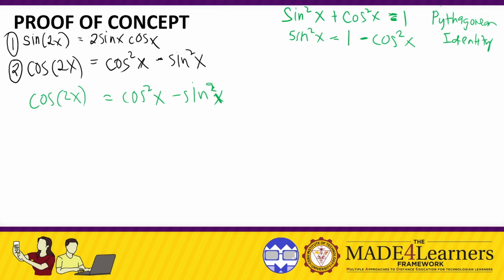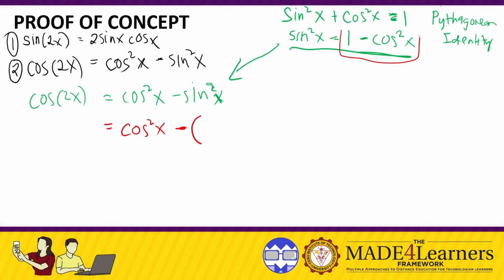Substituting this value for sine squared x in our equation for cos 2x, this gives us cos squared x minus, and we use a grouping symbol because it's a binomial, 1 minus cos squared x. If we simplify, this will give us cos squared x minus 1.